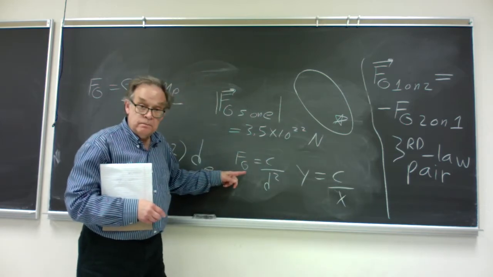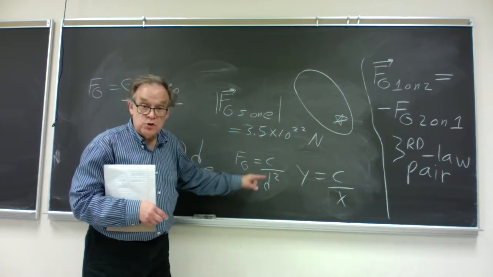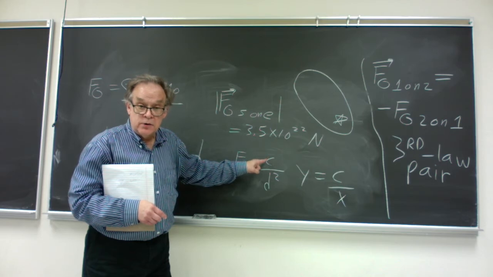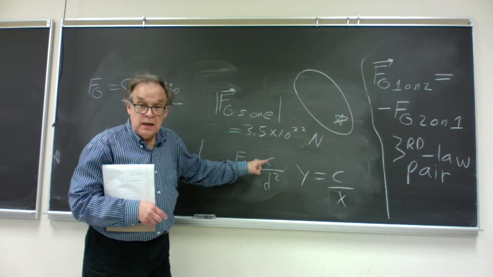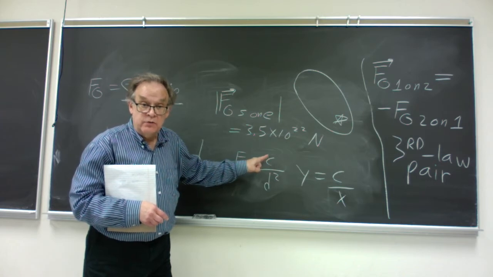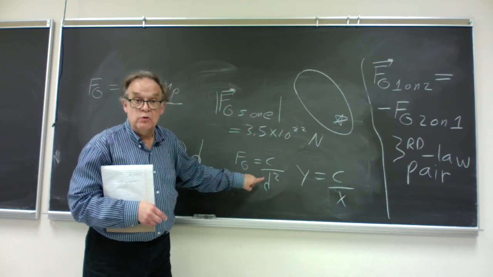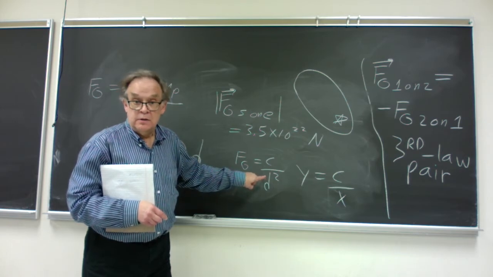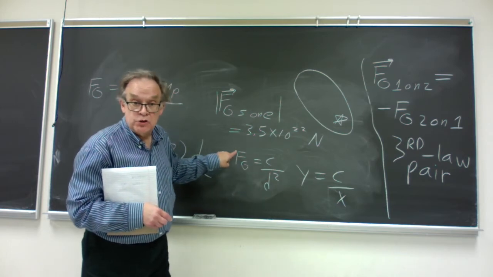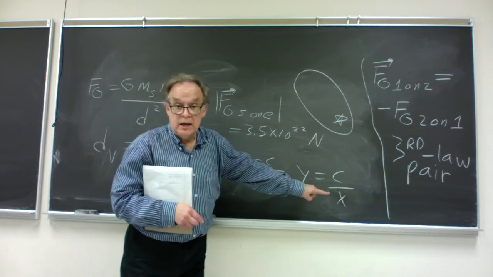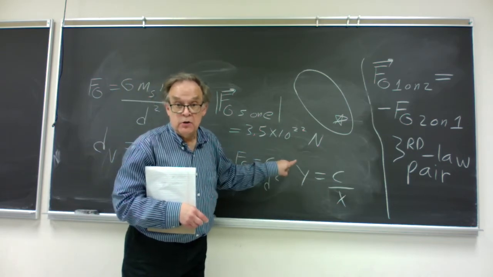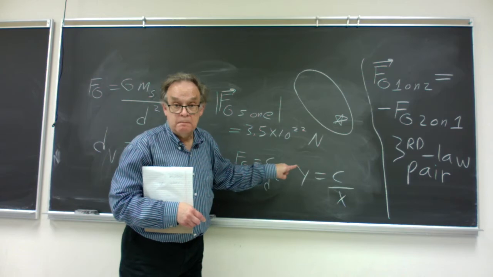Here, in the gravity equation, we've lumped all the constants together: capital G, mass of the Sun, mass of the Earth. Everything that's left over is the variable, and it's in the denominator. What's in the denominator is d squared. That's the variable that is proportional to force, just as x, what's in the denominator, is proportional to y.